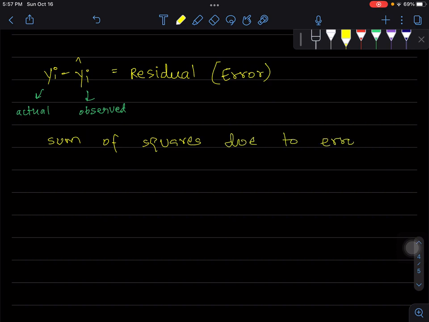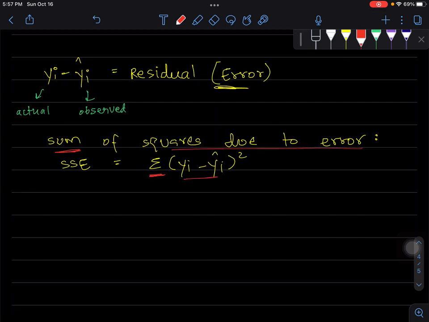It's due to error because it's a difference, and the difference is the error from the actual value. So it's also called SSE, the sum of squares of error. It just follows its name. It's the sum, that's why we have the summation there. Squares due to error: this is the error, and there's the square.